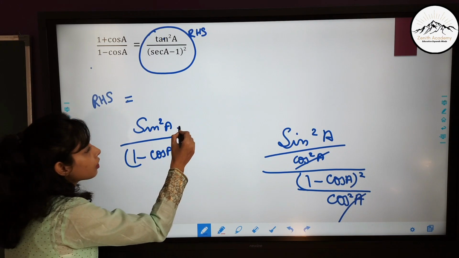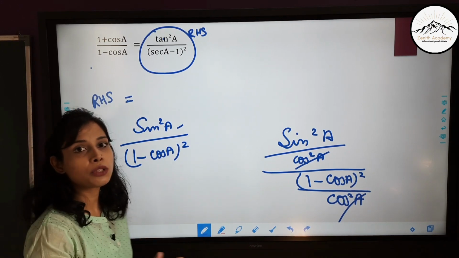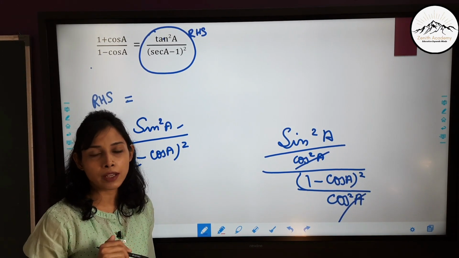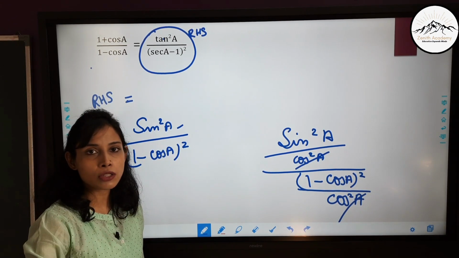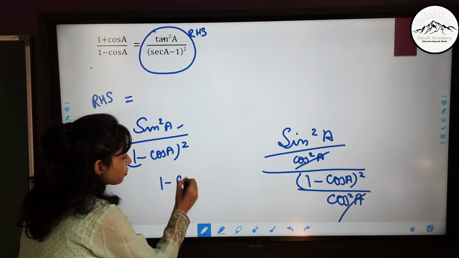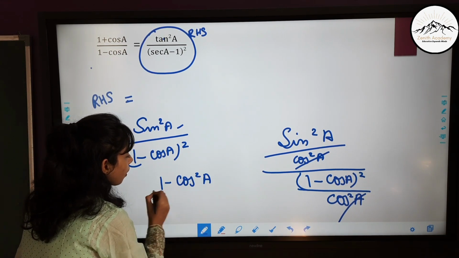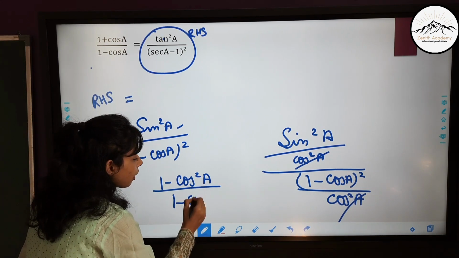So now this is sin square A, and we know the property sin square A plus cos square A is equal to 1. So how can we write sin square in terms of cos? 1 minus cos square A. This is 1 minus cos square A upon (1 minus cos A) whole square.